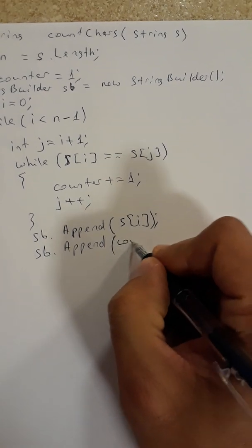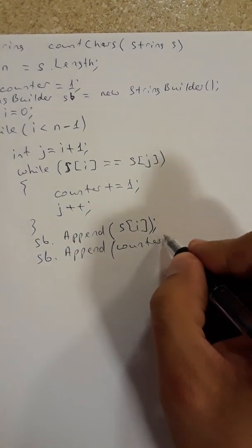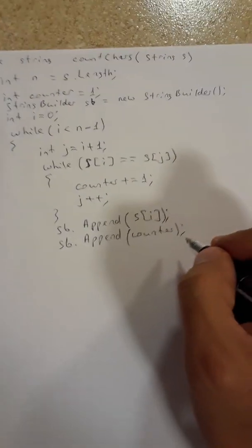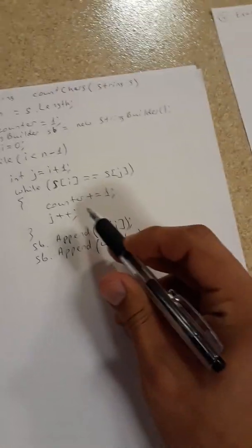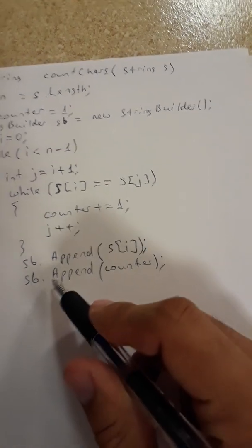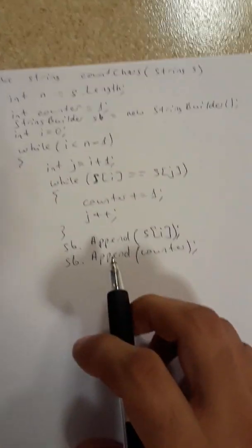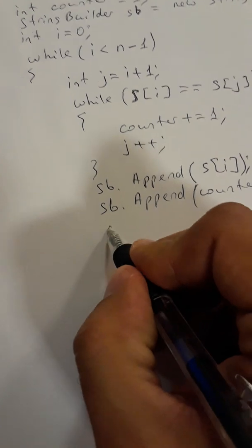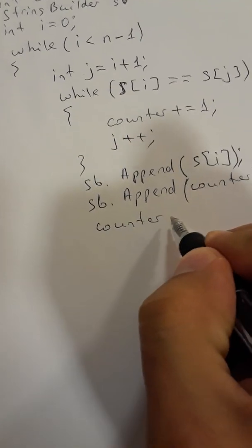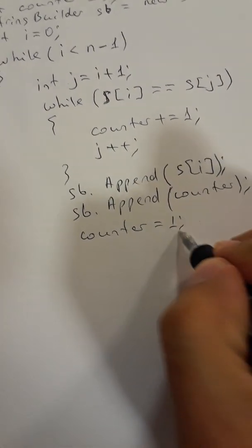I was checking if I can append the integer into a string builder, and in C# it says it's okay to append the integer.